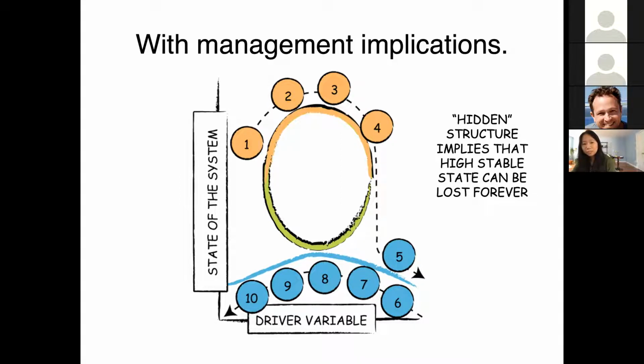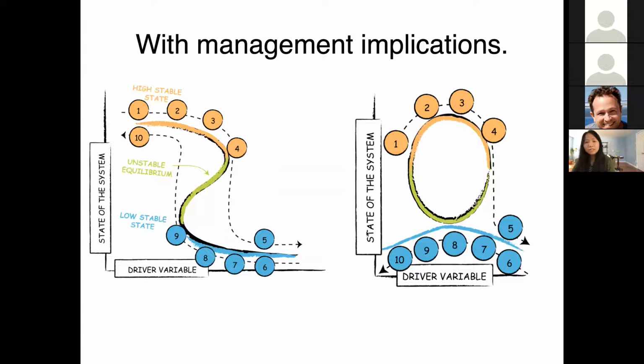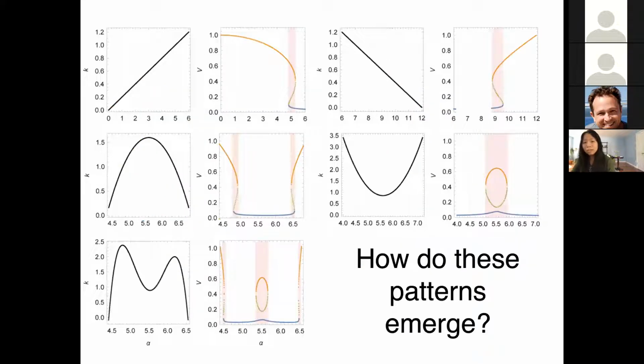In some cases, it could be impossible just by changing the x-axis here, even though that could have been the reason for the decline in the beginning. So that's a distinct difference from the classic bifurcation, where hysteresis merely makes the system difficult to reverse, not impossible. So by now you might be wondering, how do these patterns emerge?